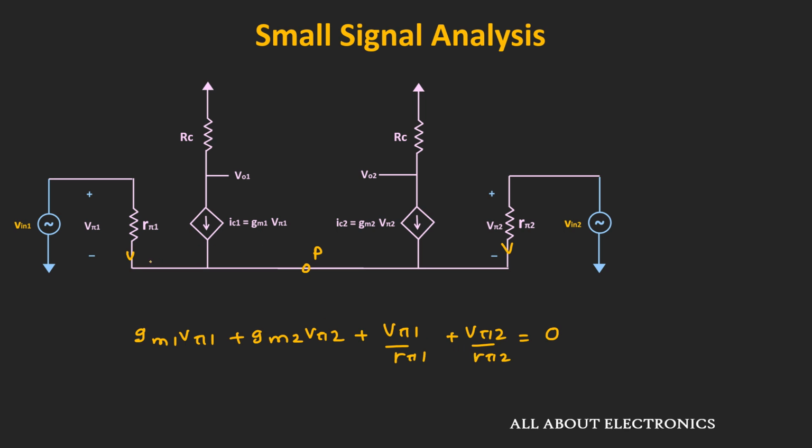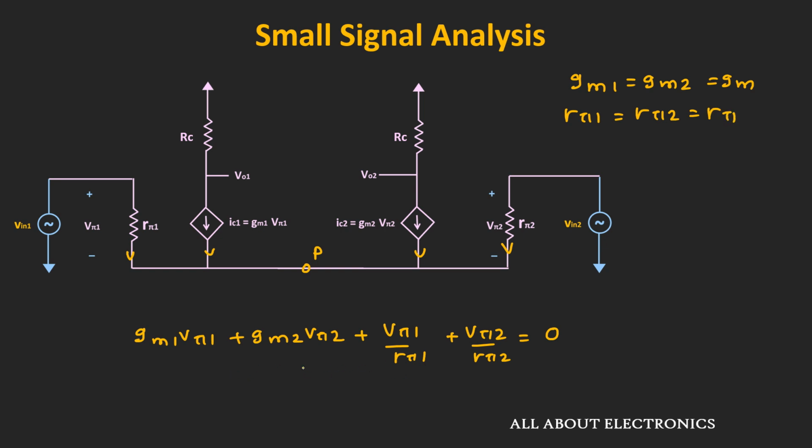So basically the summation of all these currents will be equal to 0. Now here, since the differential input voltage is very small, and assuming both transistors are perfectly matched, we can assume that this gm1 is equal to gm2, let's call it gm, and similarly this rpi1 is equal to rpi2, so let's call it rpi.